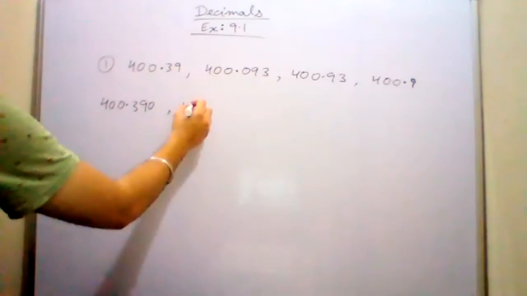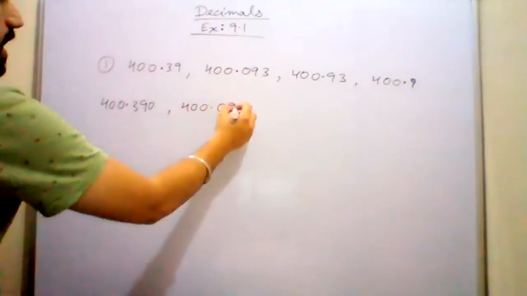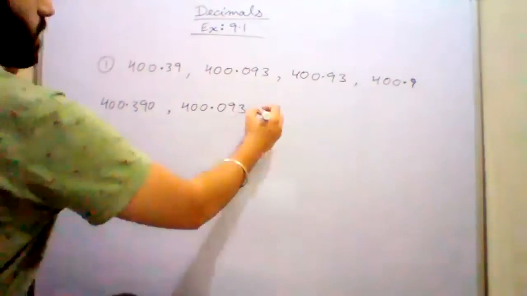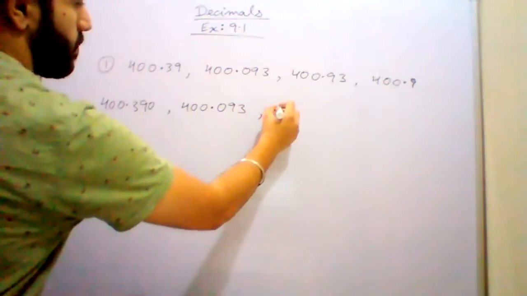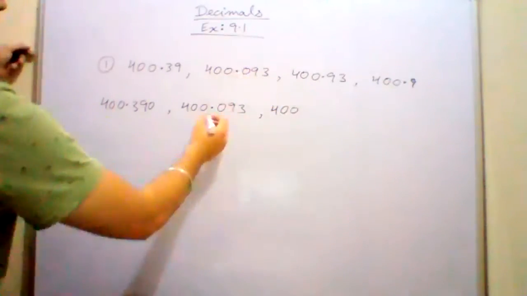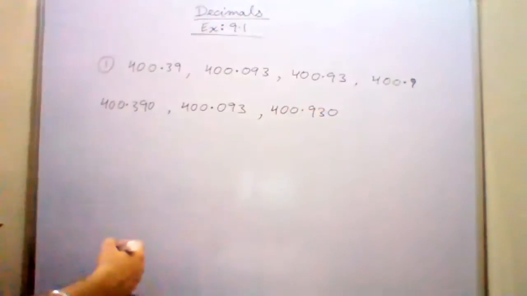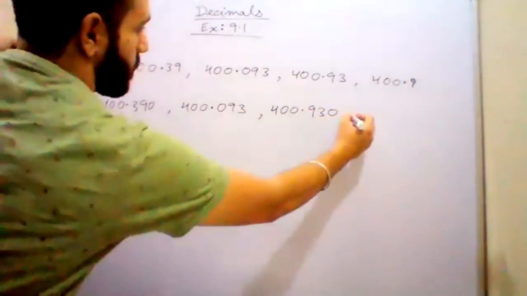400.390, first one. Second one, 400.093. You can see that I have added a 0 in the first number. In the second number, same, 400.093. Third number, 400.930. Again, a 0 is added in the third number.